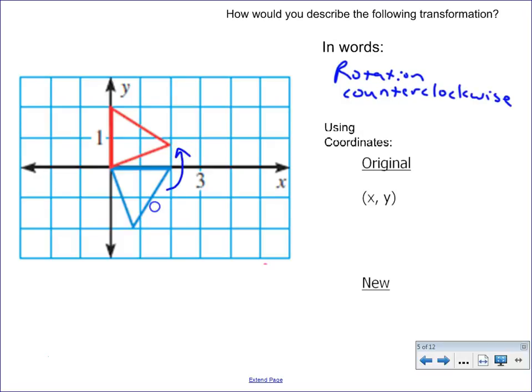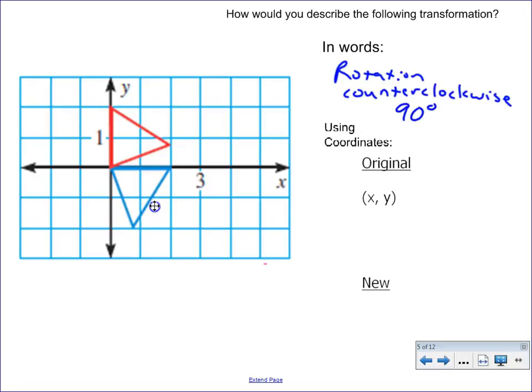How many degrees are we going in this figure? Well, it appears that we're going 90 degrees. I can check and compare my points. Looks like I have a right angle there between any of the points that I connect. So all the points are going 90 degrees. So we've got that counterclockwise rotation.